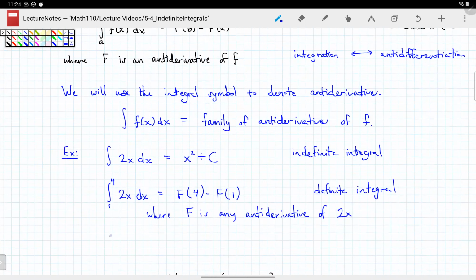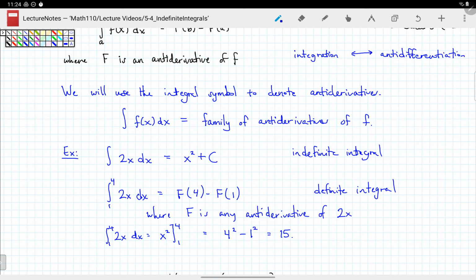So what we often do is we write it this way: integral from 1 to 4 of 2x dx is, I will find an antiderivative, there's x squared, and I will evaluate it from 1 to 4. So this is 4 squared minus 1 squared, which is going to be 15.